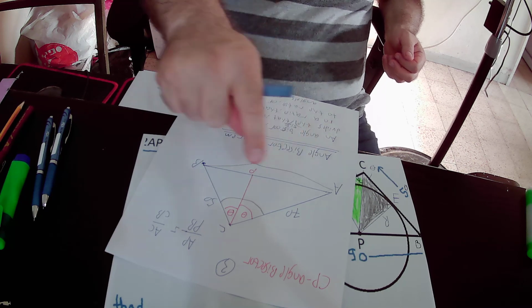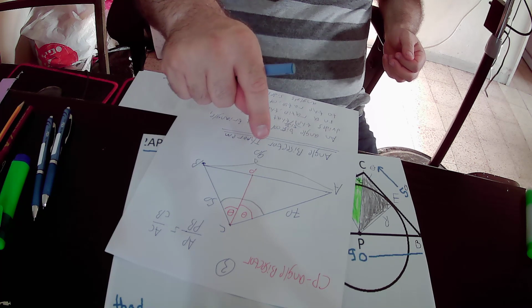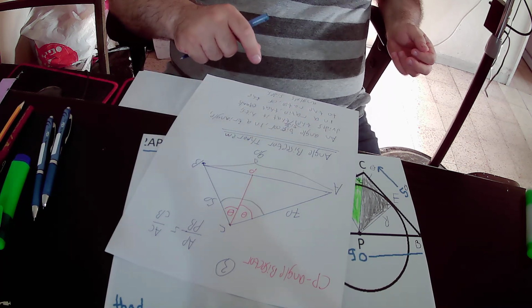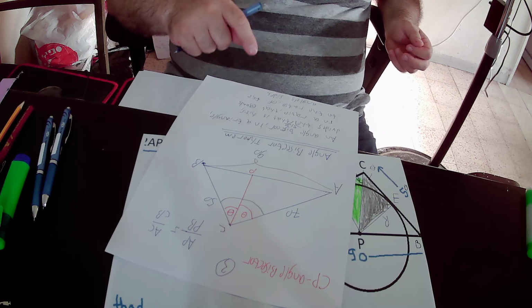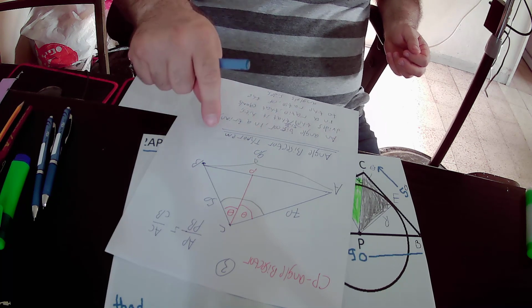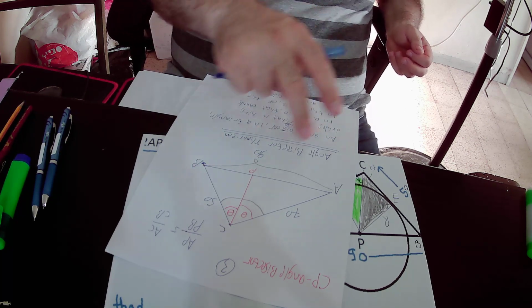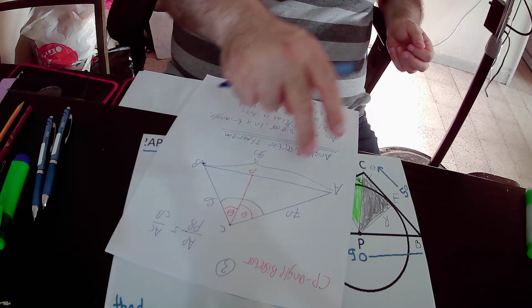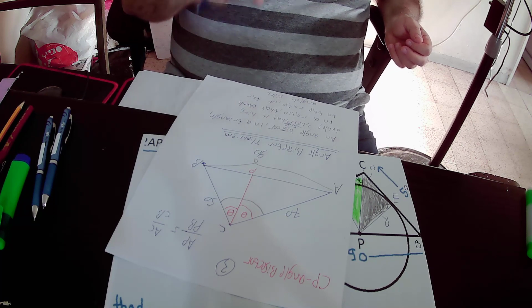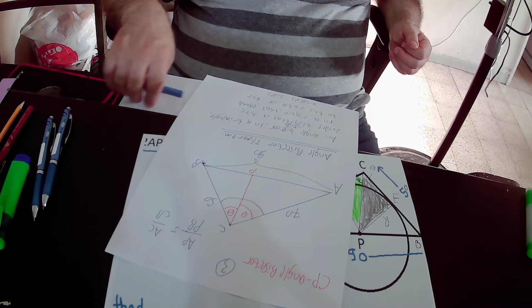We relate to angle ACB, and the ratio between angle ACB's sides is AC over CB. So AP over PB equals AC over CB. Okay?